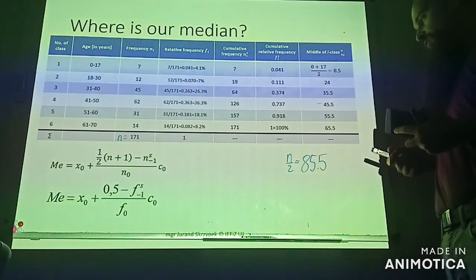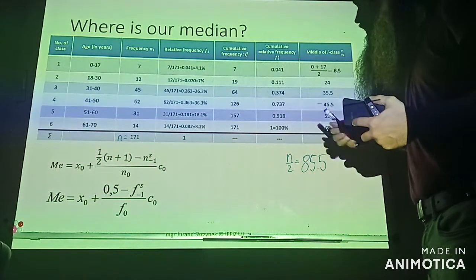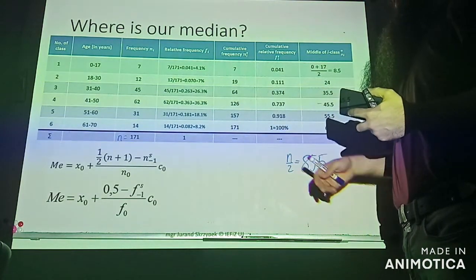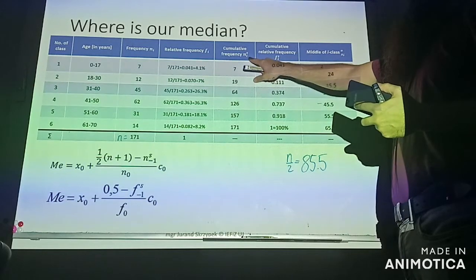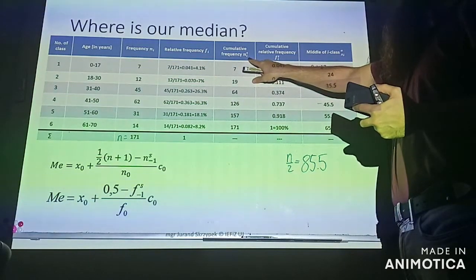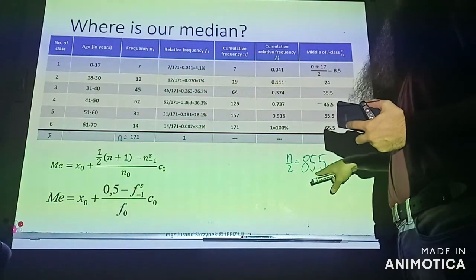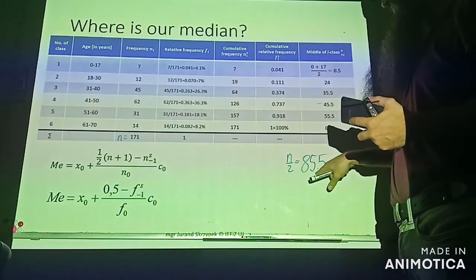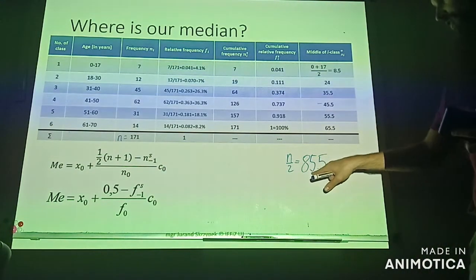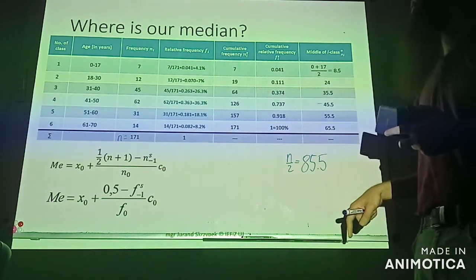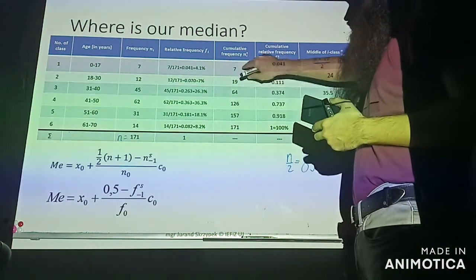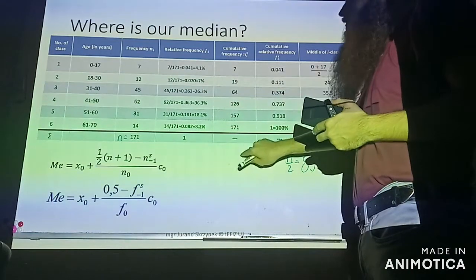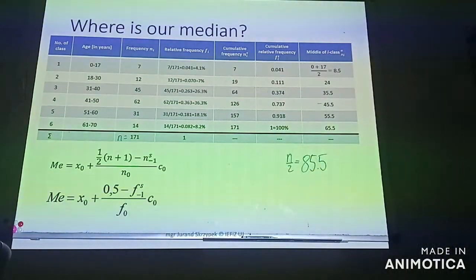And now we are looking for the class in which cumulative frequency exceeds the half of the population, exceeds the value of 85.5 for the first time, going from the top to the bottom of the table.